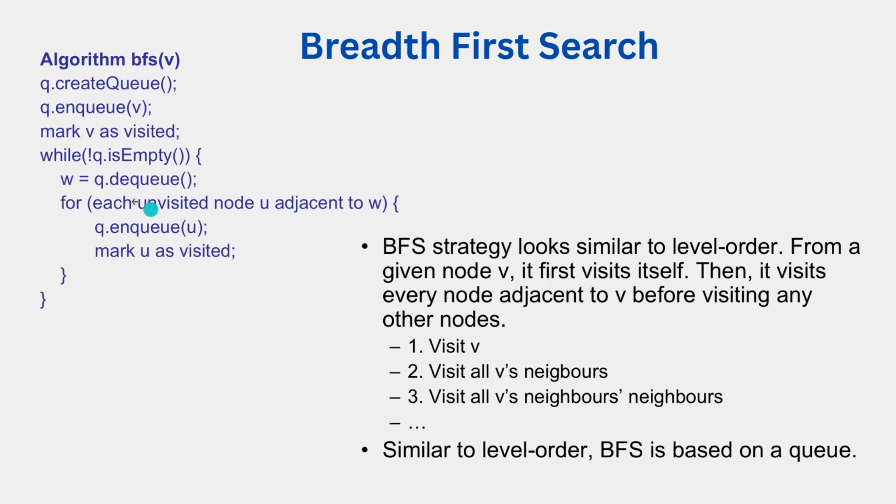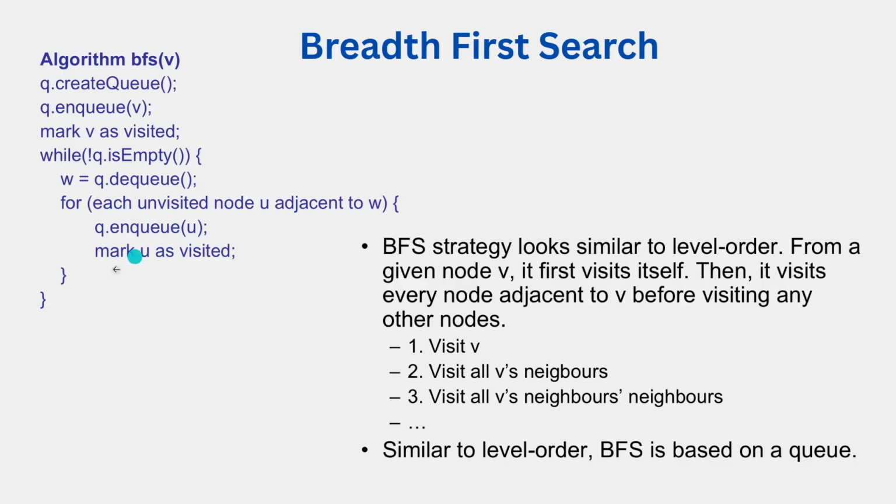Let us assume that the dequeued element is W. Then we check all the vertices that are adjacent to W. Each of those unvisited nodes is added to the queue, and we mark one of its neighbors, that is U, as visited. Likewise, we proceed until we mark all the nodes in the graph as visited.